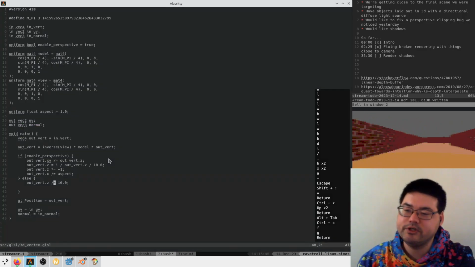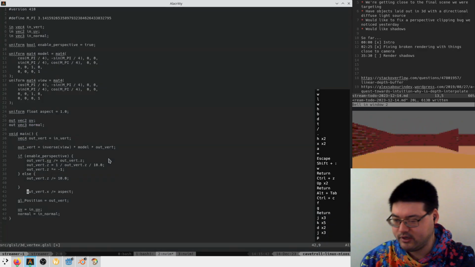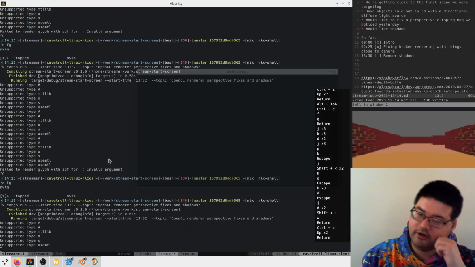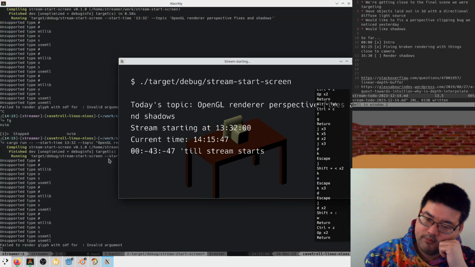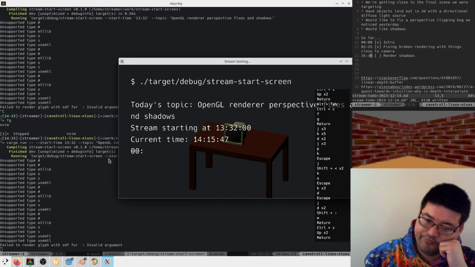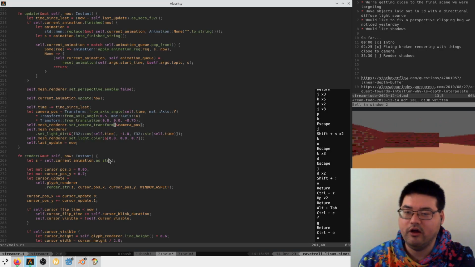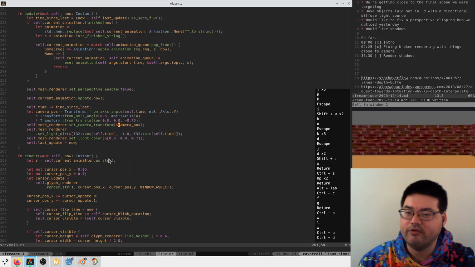It feels like the aspect ratio is not being taken into account correctly, because the aspect ratio handling ended up in the wrong section. But is that orthographic? It's actually kind of hard to tell. So we'll turn it on and off, and maybe we'll toggle it on and off over time.